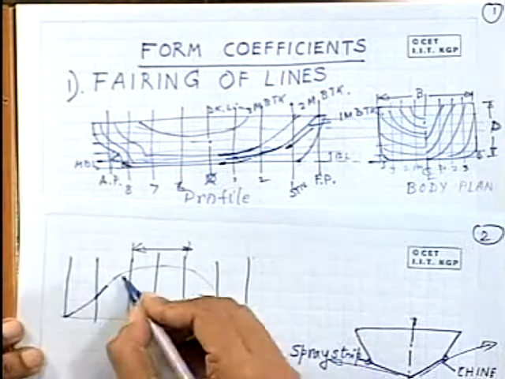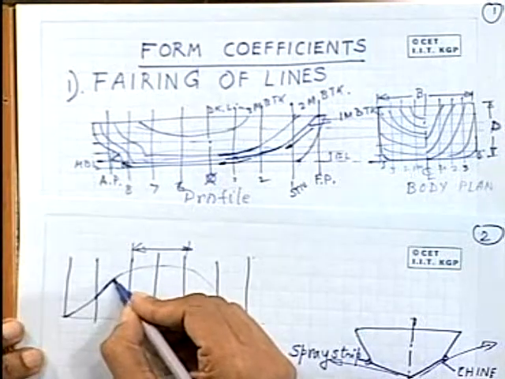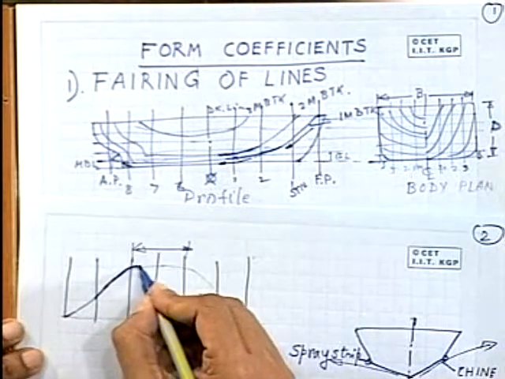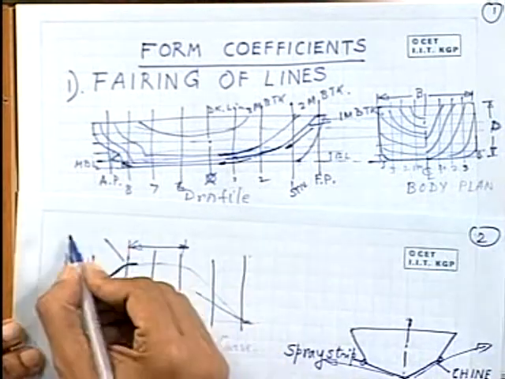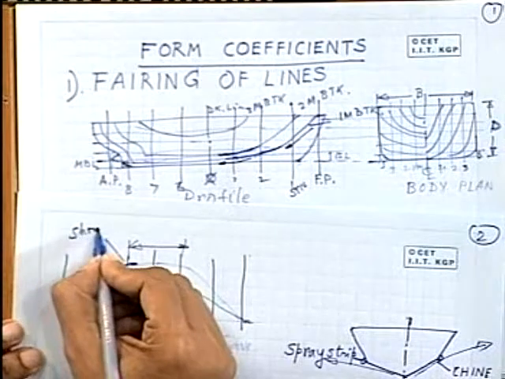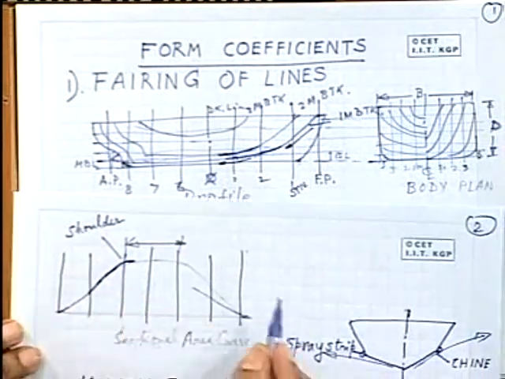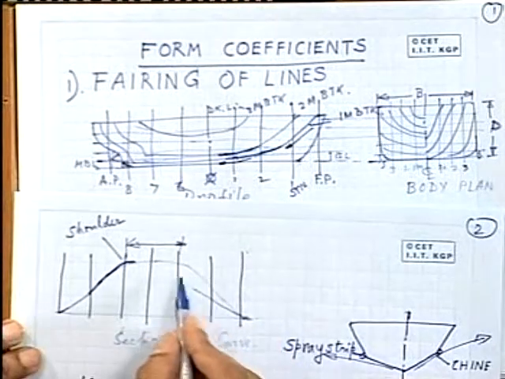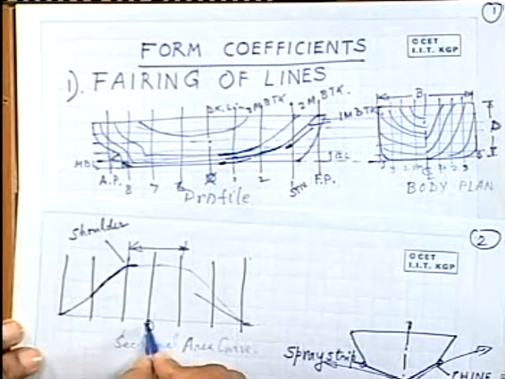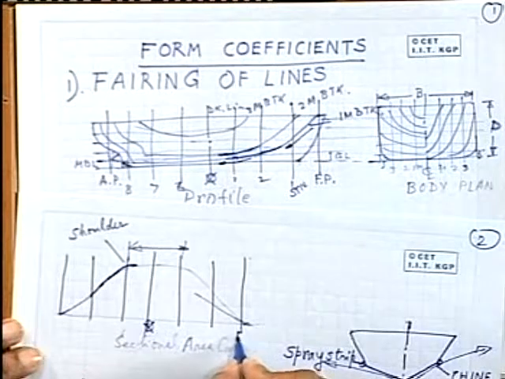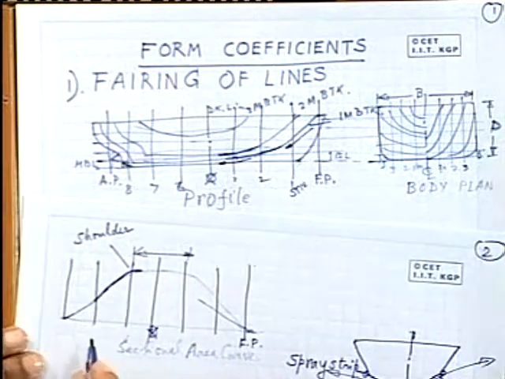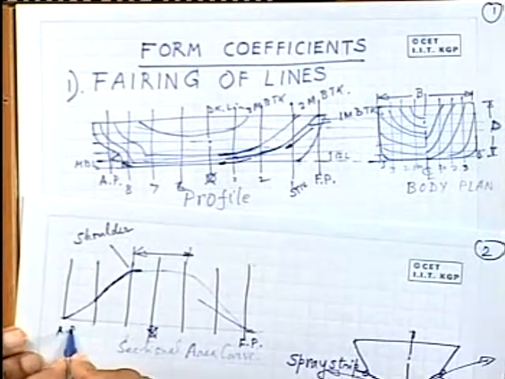All these slopes are given for that particular reason, and it should not have a shoulder. So this is called a shoulder in the sectional area curve. Now, whenever you have a shoulder, normally it will come, say, in the forward region. Say this is your midship, this is the forward perpendicular, this is your aft perpendicular, and this is your parallel middle body.